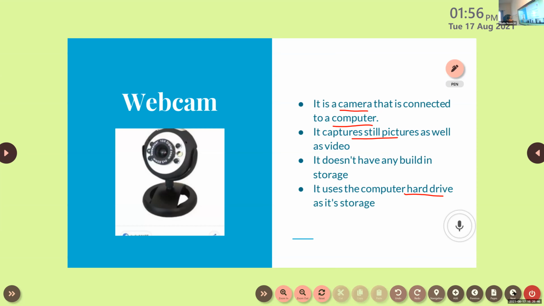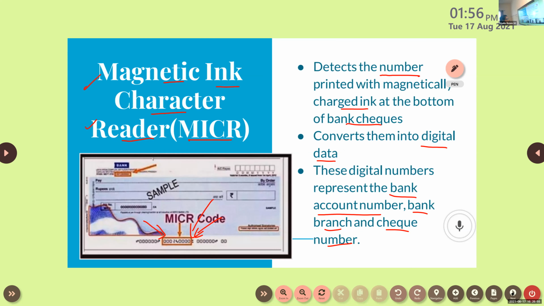This is web camera, which is used to capture pictures as well as video. MICR stands for magnetic ink character reader. This is mainly found in bank checks. Even though there are only a few digits, it represents more details about a person, isn't it?